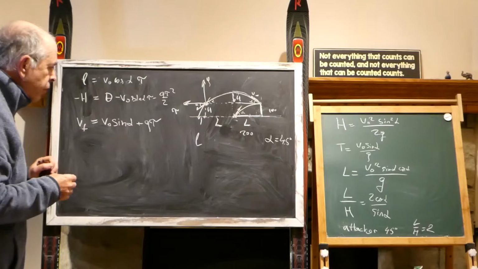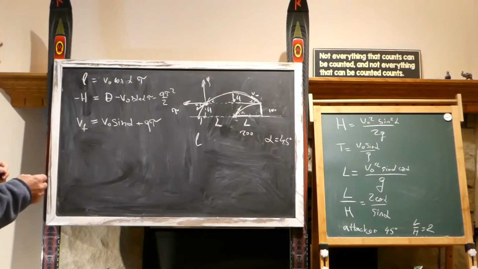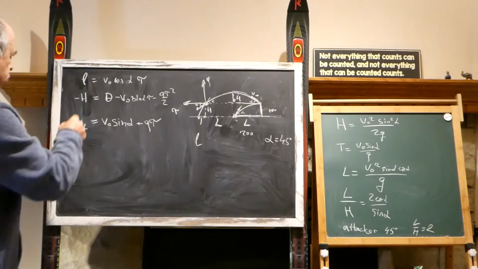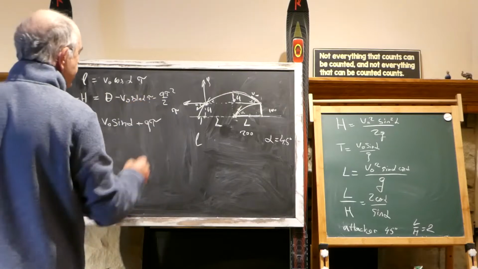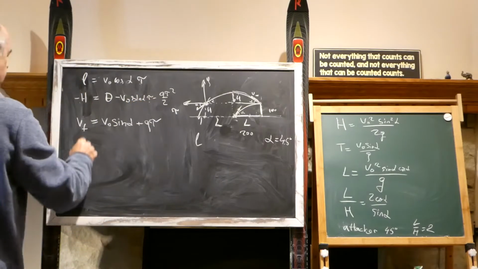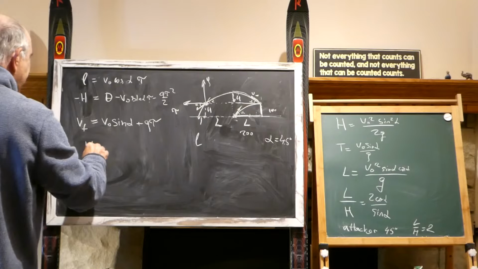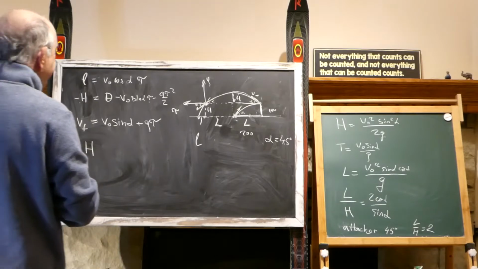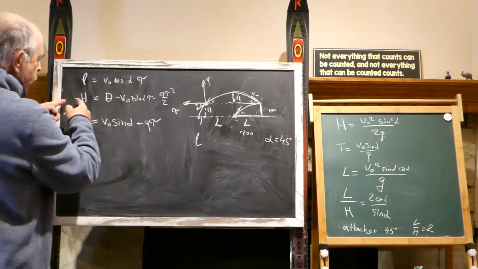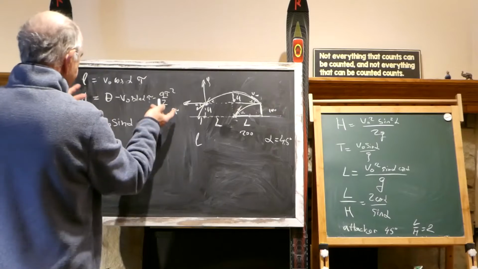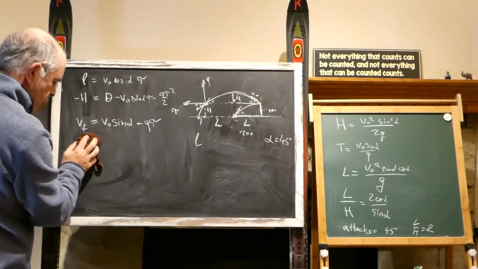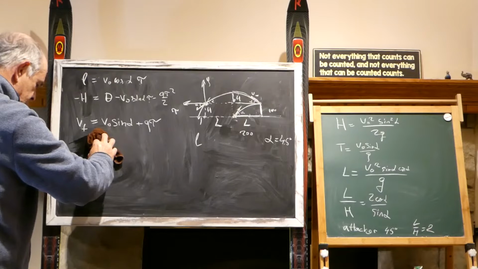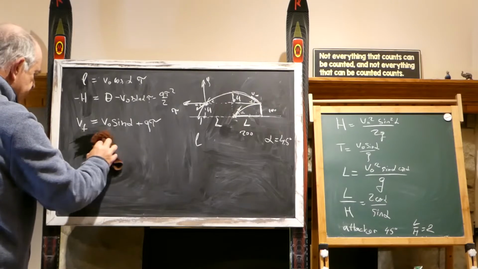So h is known, but tau is not known. So basically the best way of finding it is to move everything to one side of the equation.